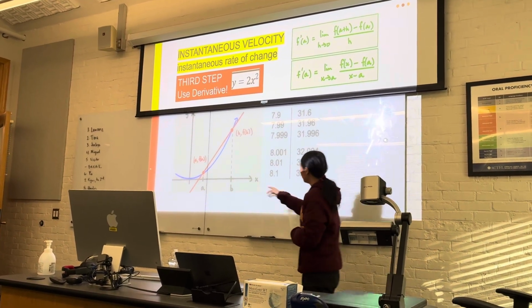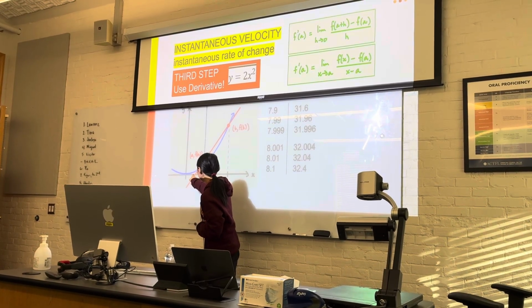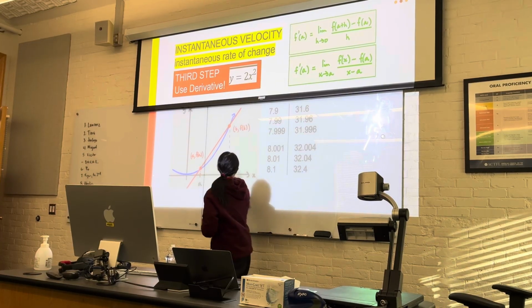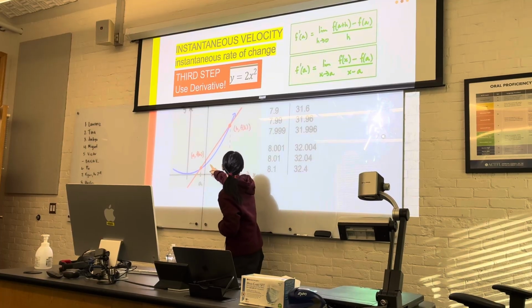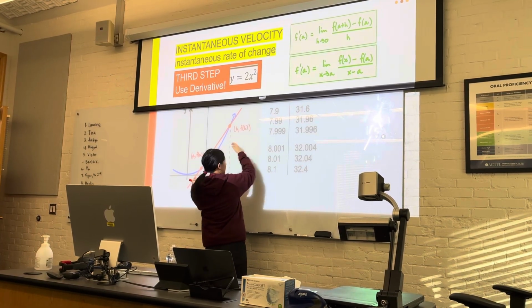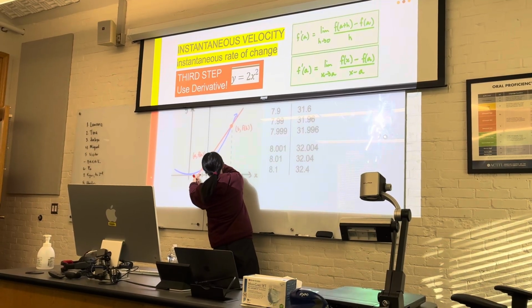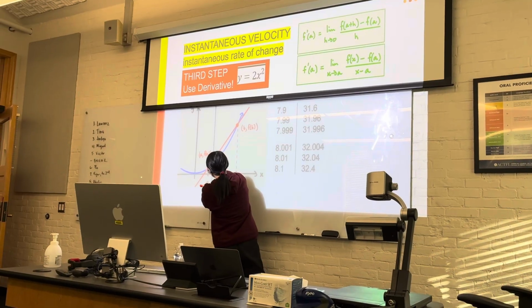Like if B goes to 7.8, 7.9, 7.99, 7.999, or 8.1, 8.01, 8.001, you can know that the instantaneous velocity will approach the instantaneous rate of change at A.